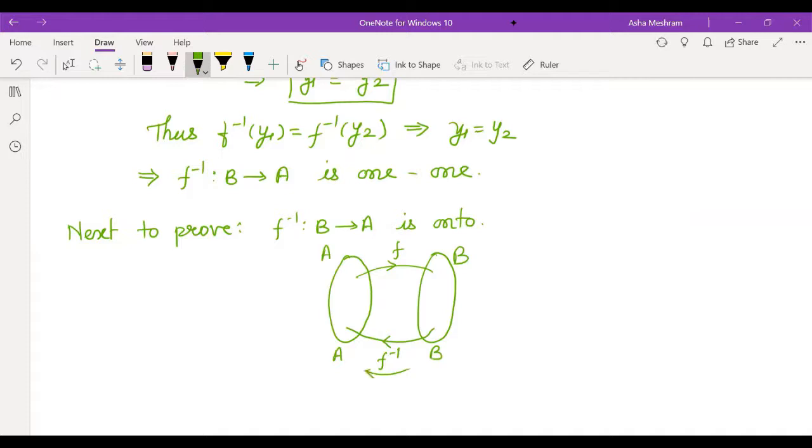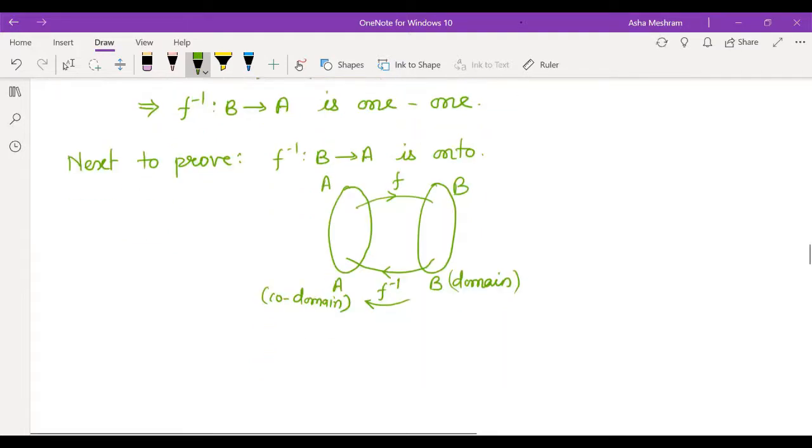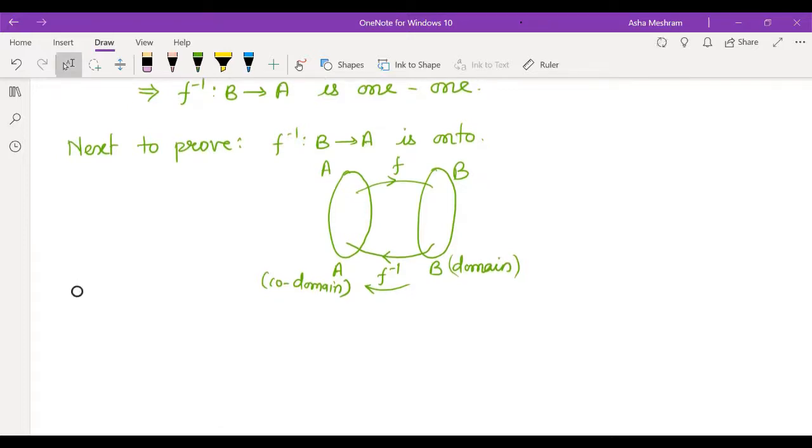Okay, B to A. So for this f inverse, this is the domain, and this is the codomain.